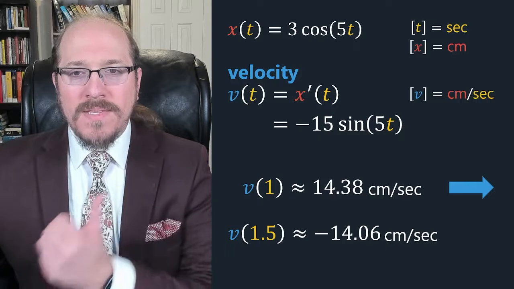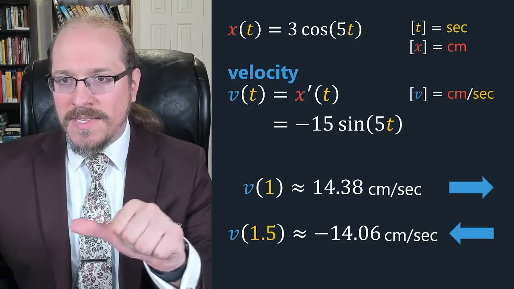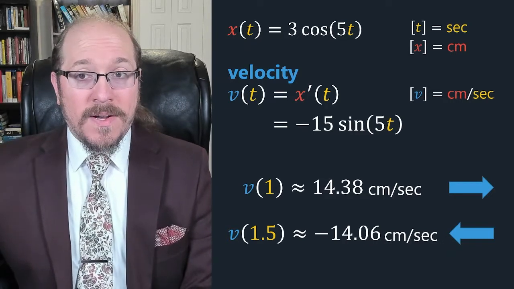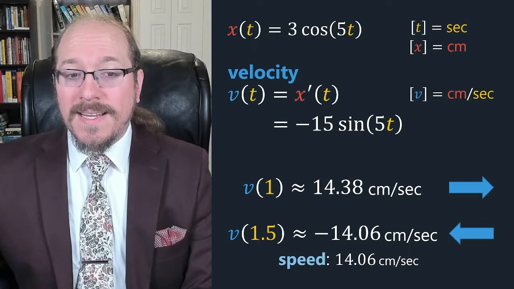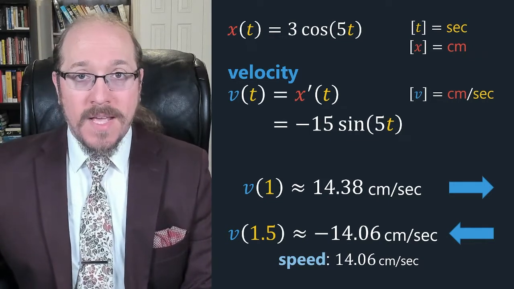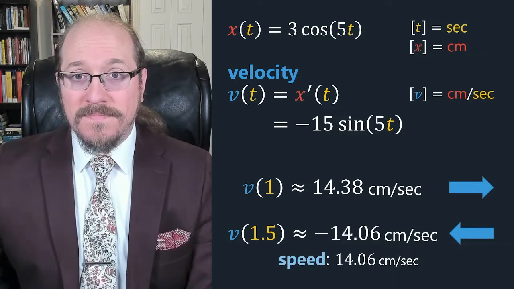Here, a positive velocity means the block is moving to the right, and a negative velocity means the block is moving to the left. In that latter case, by the way, we'd say that the speed is positive 14.06 centimeters per second. In other words, speed is the absolute value of velocity.